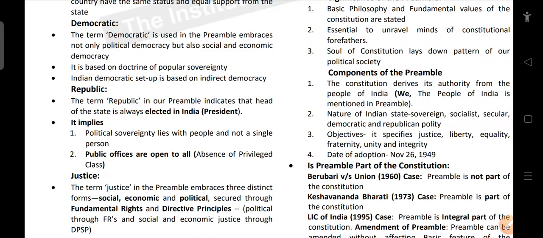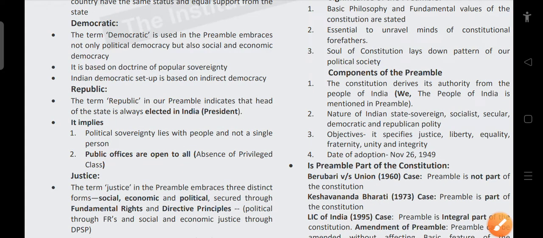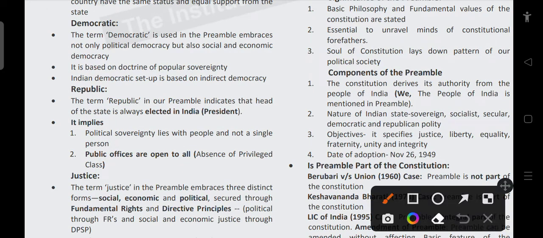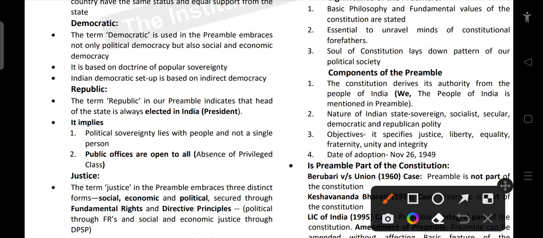And the next term is republic. Republic in our preamble indicates that the head of the state is always elected in India, called the president. It implies political sovereignty lies with the people and not a single person.